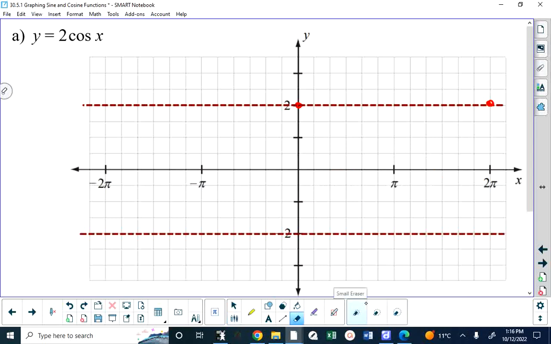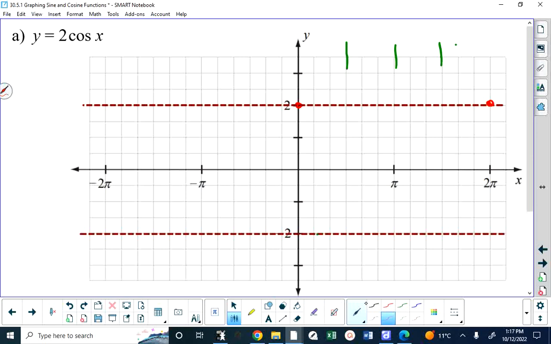I know that from here to here is 1 period, but I know that 1 period is 4 pieces. So what I'm going to do is spatially break this up into 4 equal pieces. From here to here is 1, from here to here is 2, there's the third, and there's the fourth.